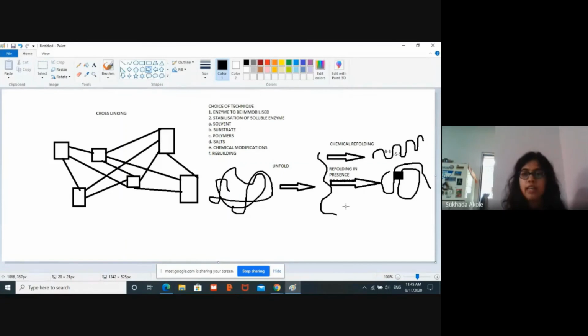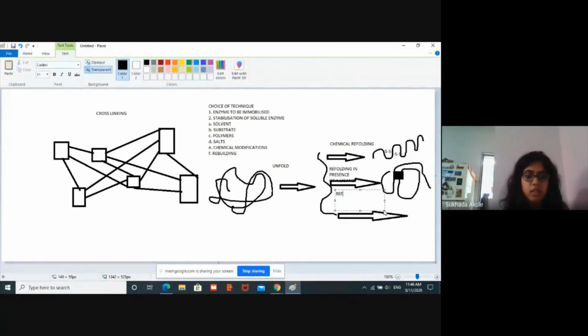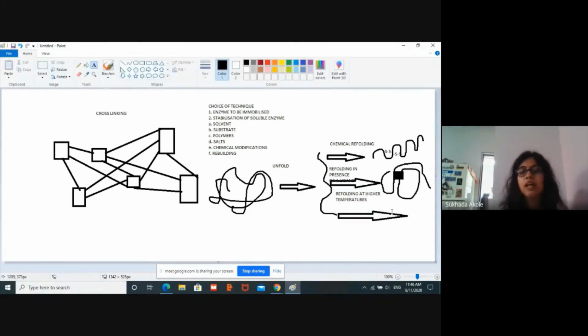Another way in which I can rebuild a molecule is by refolding it at higher temperatures. Okay. Now, what will happen when I heat it at higher temperature?